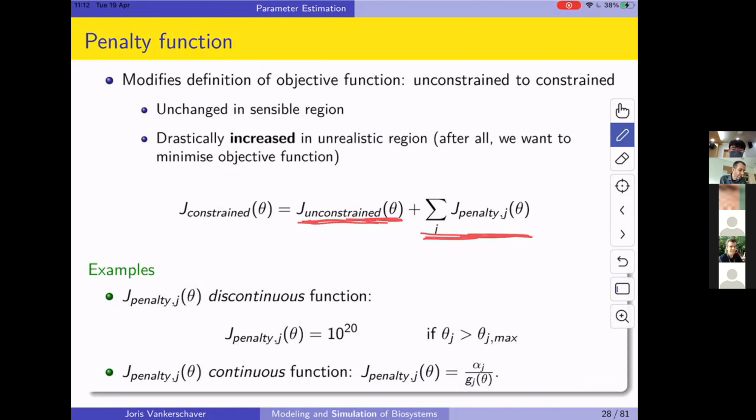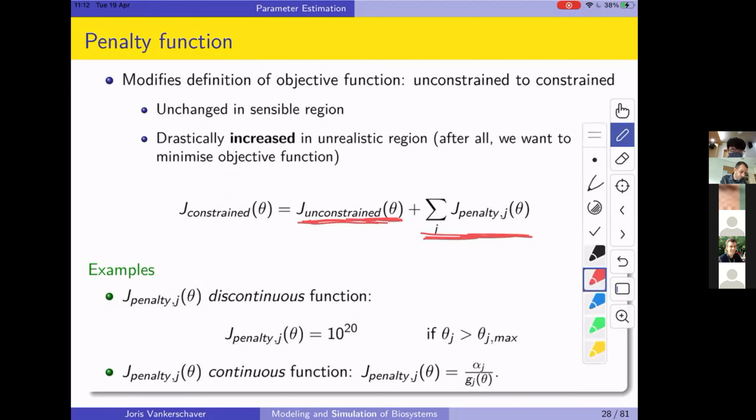And the idea here is that the penalty term is chosen so that it doesn't contribute in the sensible region where the parameters can live, but it is very, very high outside of that region.